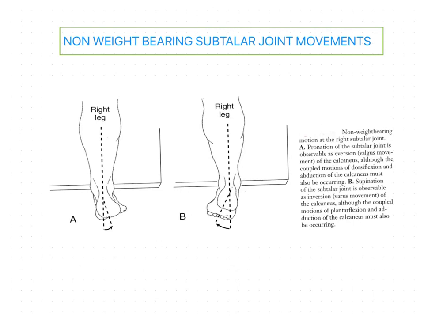Now we will see non-weight bearing subtalar joint motion. In non-weight bearing supination and pronation, subtalar motion is described by the motion of its distal segment. What is the distal segment of the subtalar joint? Calcaneum. Yes, good.